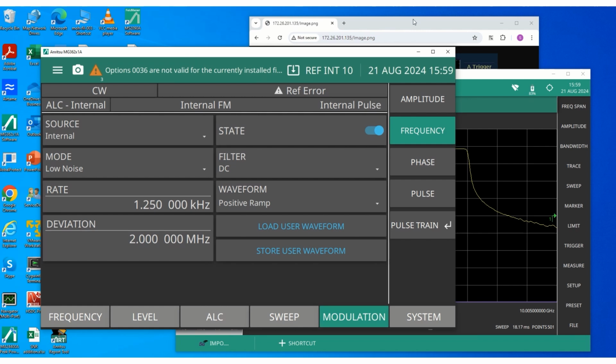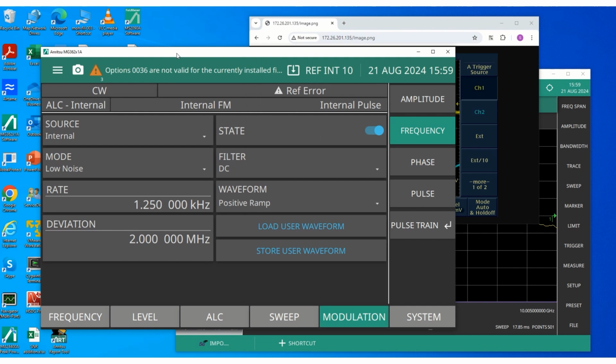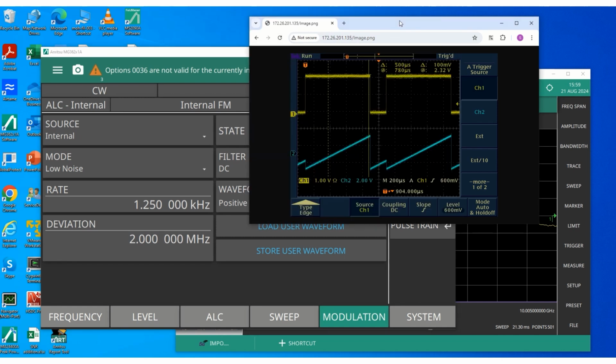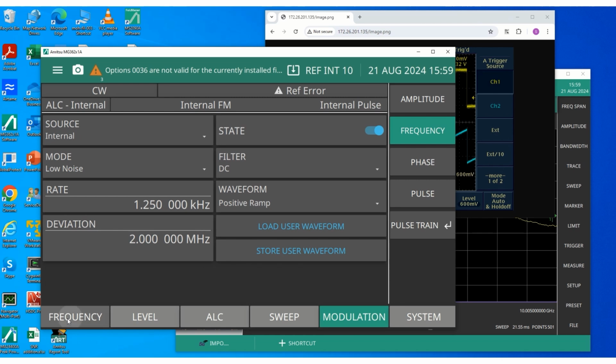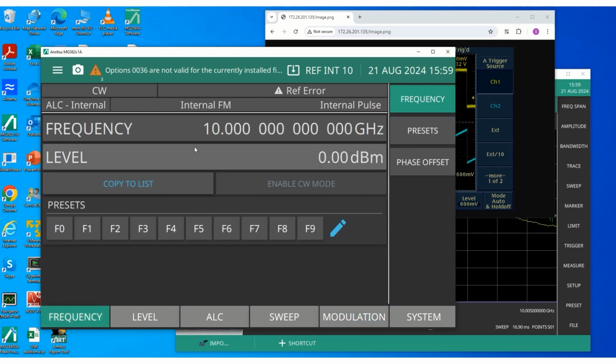In order to show that, because our oscilloscope's max frequency is rather limited, it's not 10 gigahertz, it's 500 megahertz, and because we want to see the chirp in the time domain, I have to go back to the frequency here and adjust the Rubidium's output frequency to a much lower value. And we are going to do that in the next section.